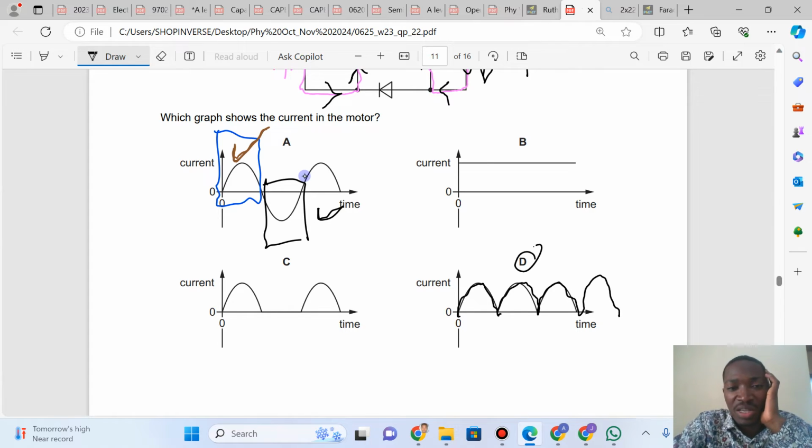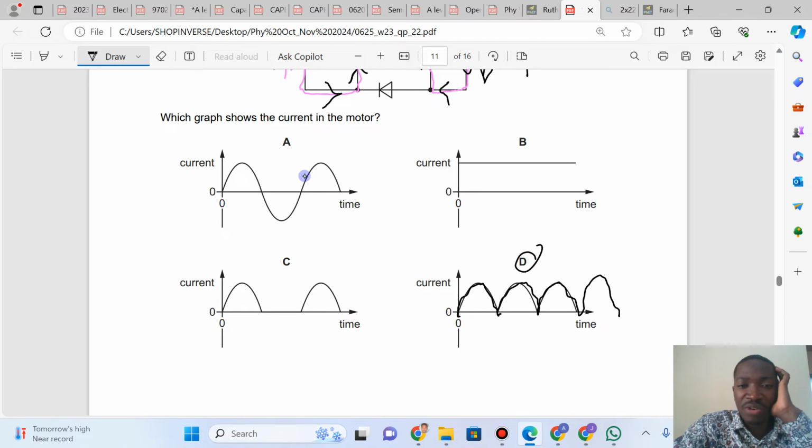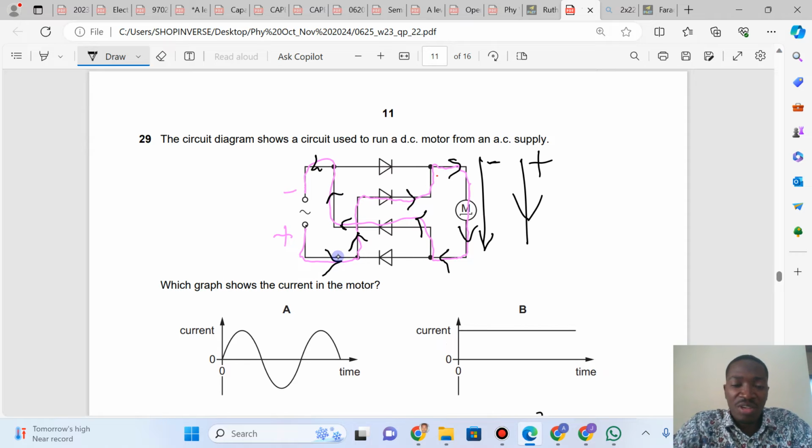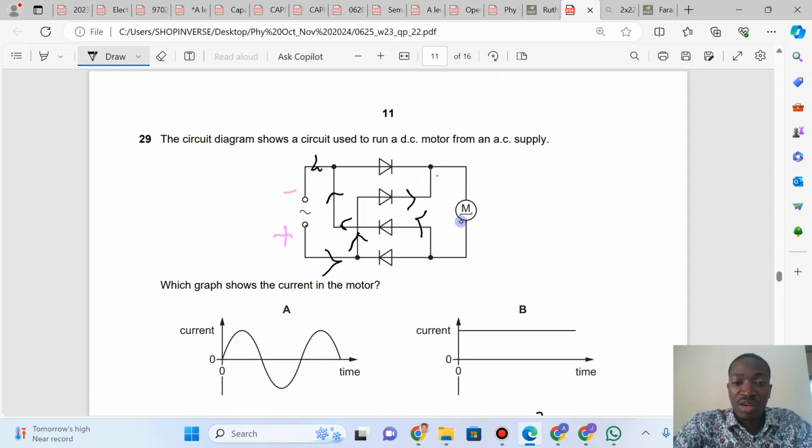That makes D the correct answer. Because if you go by A, it simply means the system is functioning as an AC, with the direction of current continuously alternating. And from the circuit, current is not alternating. Current continues to follow one path, though the current is not actually a constant value because AC is not constant, it is oscillating.